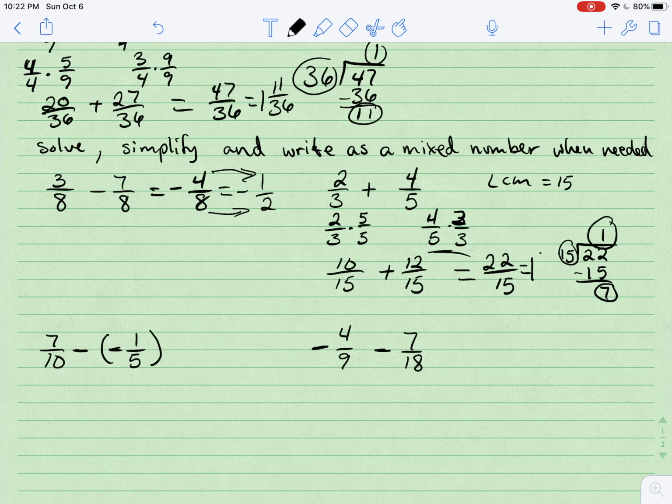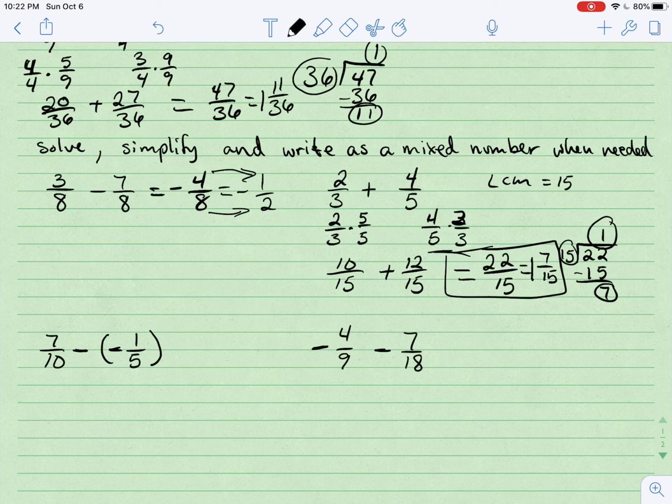So 1 and 7/15. So there we go for solving, adding those two fractions.